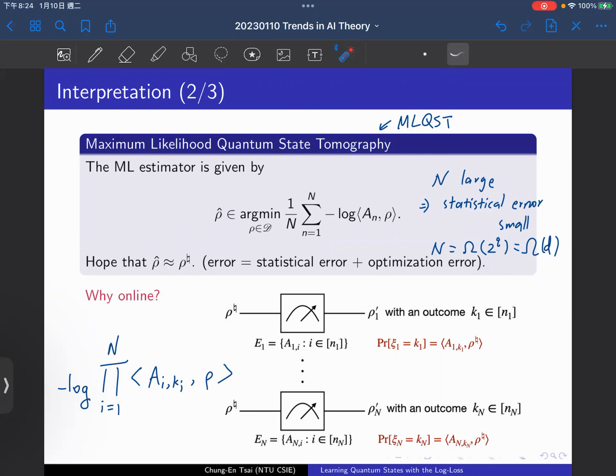Then if you want to apply Newton's method to solve this problem, it will be very inefficient because you need to compute the Hessian, which will take maybe 2q to the 3, since you need to compute a matrix inversion. And this will make the computation very inefficient, and maybe your memory is not enough to do such computation.